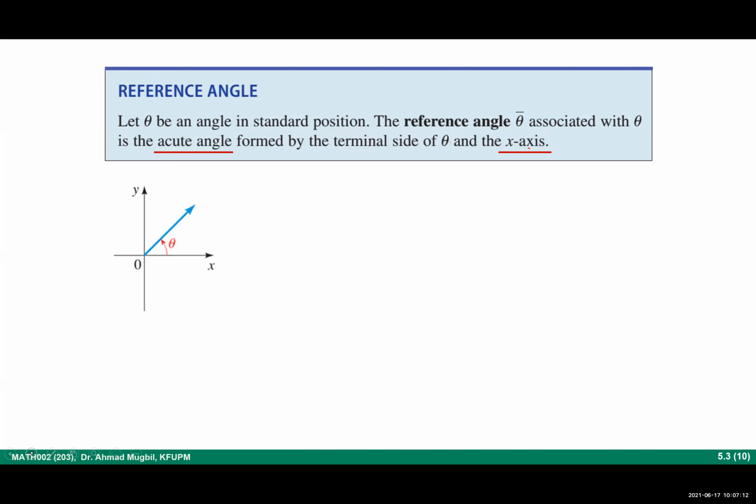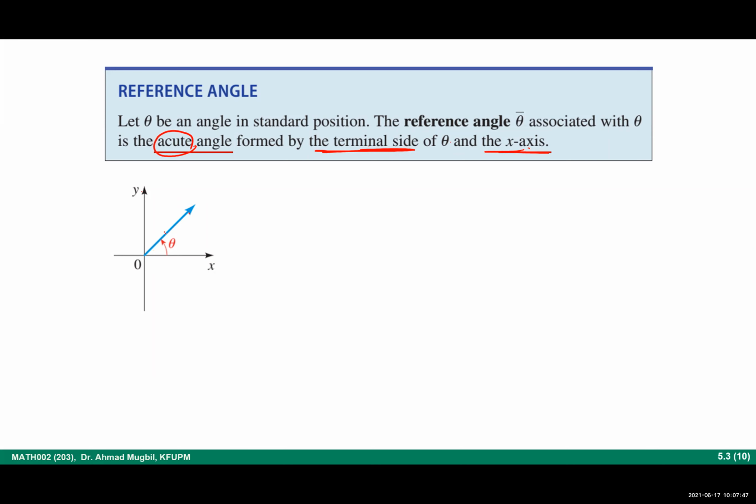If the angle is in the first quadrant, Shabab, what will theta bar be? When we have an acute angle, is this acute angle here? This one is acute. But is it between the terminal side and the x-axis? No, because it is between the y-axis and the terminal side. So this is not the reference angle. So where is the reference angle, Shabab?